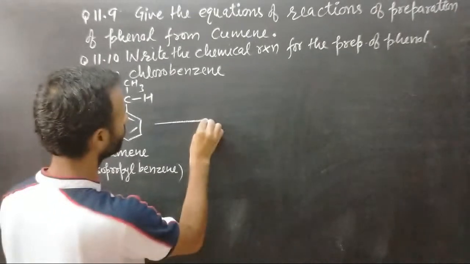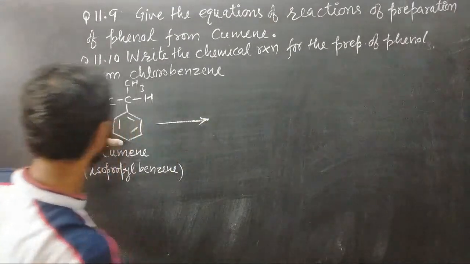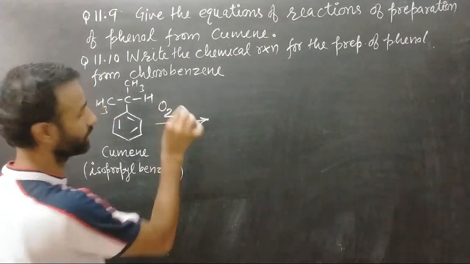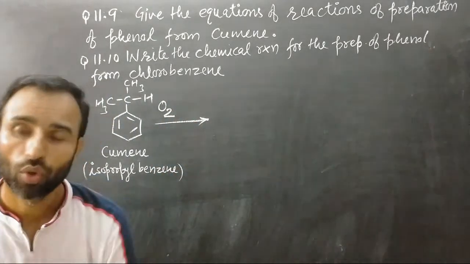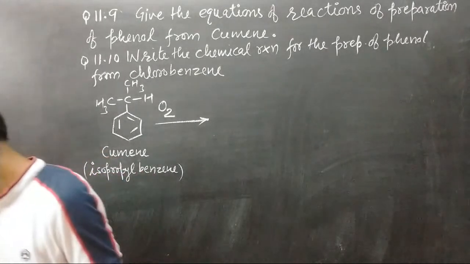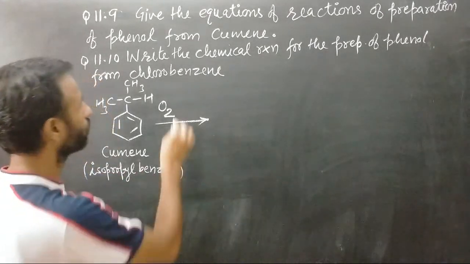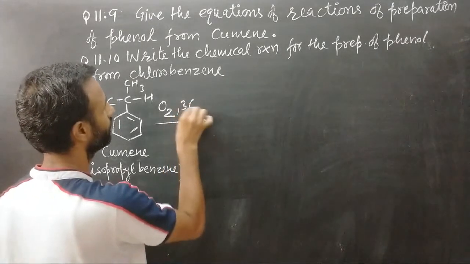Cumene is isopropyl benzene, right? So this is isopropyl benzene. Aerial oxidation takes place, O2, in the presence of O2 at 368 to 408 Kelvin.